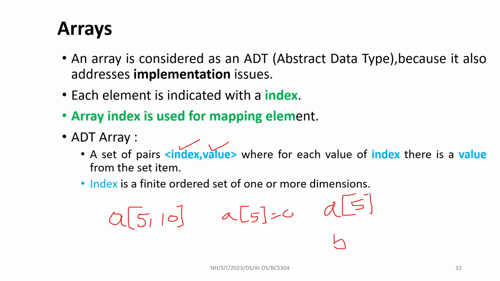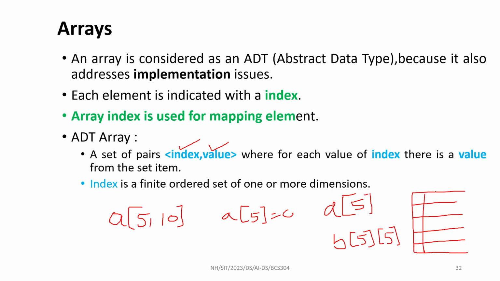If I take an array B having 2 dimensions, in C that is written like this with 2 square brackets. Here, the maximum index is given, and we take 5 as the number of rows and 5 as the number of columns. This can be drawn like this, having 5 rows and 5 columns: the first column, second column, third column, fourth column, and the last column.